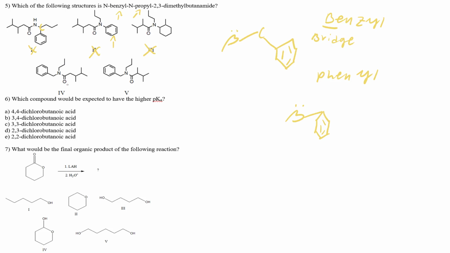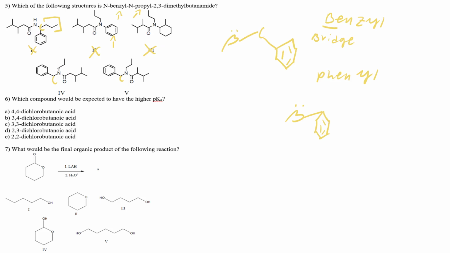So these are 4 or 5. Now notice the benzene ring. This benzene ring has a carbon that is attached to the nitrogen right there, okay? Cool. So this one right here had the propyl attached to the carbon too, so it's incorrect. You want this propyl to be on the nitrogen.